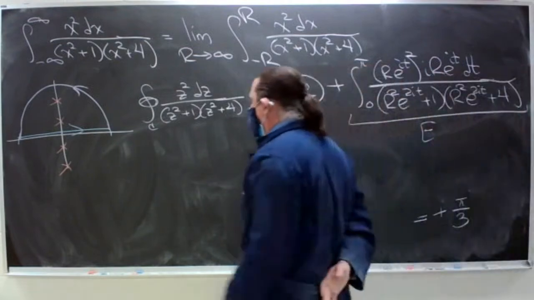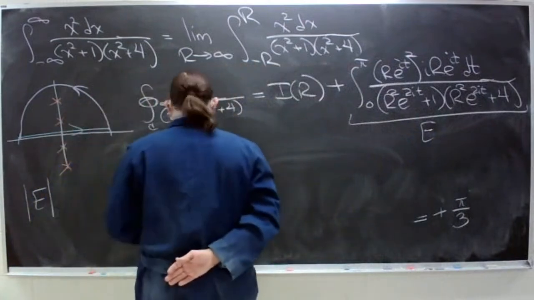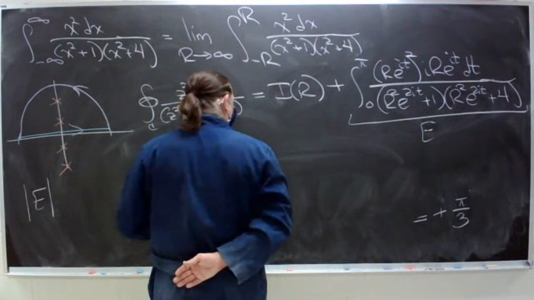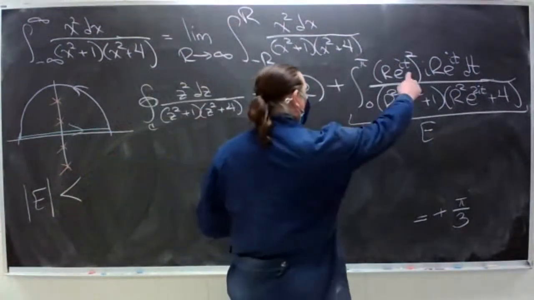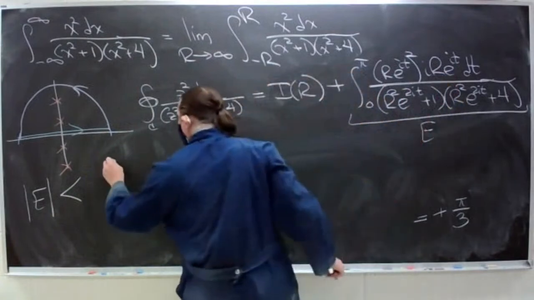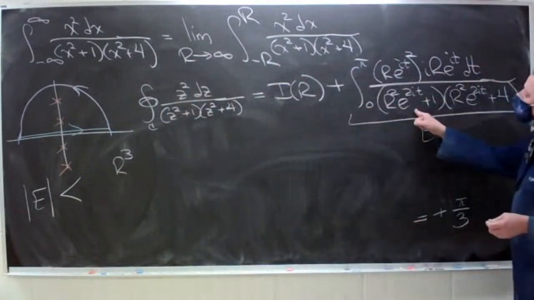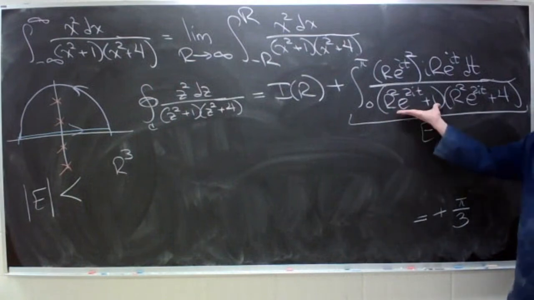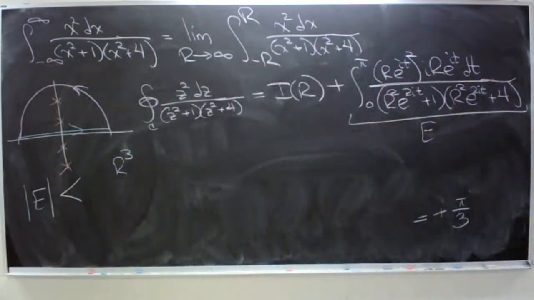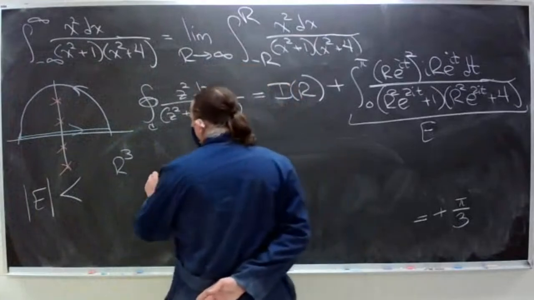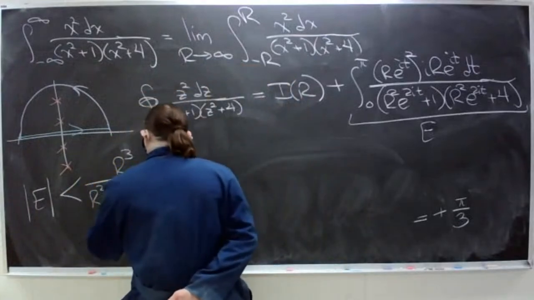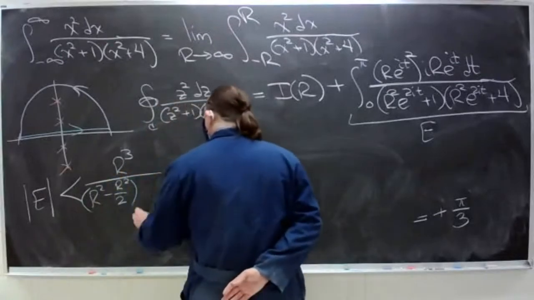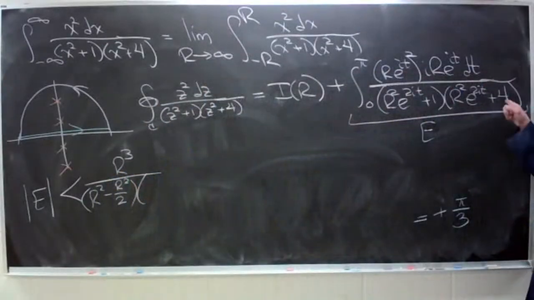If I call this capital E, the modulus of capital E is less than R cubed divided by, here, once again, I can say the minimum modulus of that is R squared minus 1, which is bigger than R squared minus R squared over 2, when R is large enough.